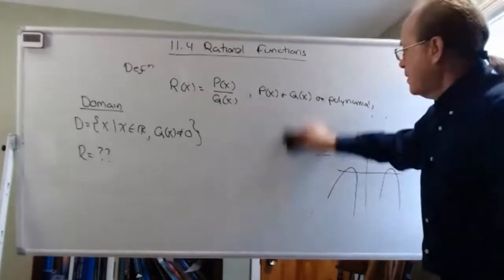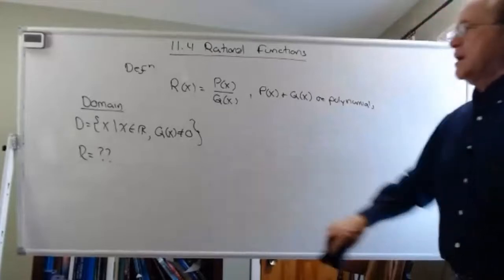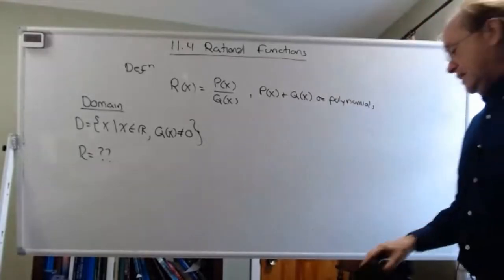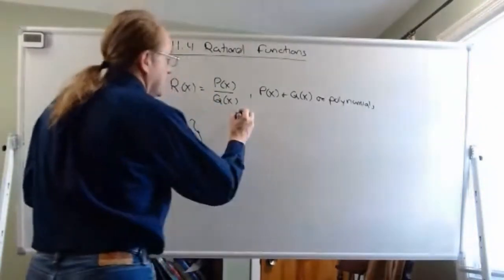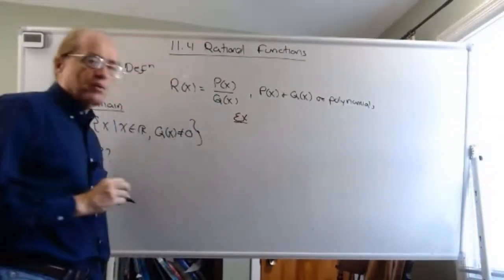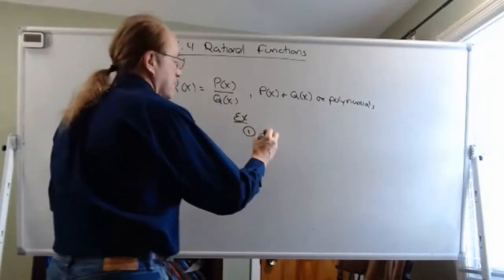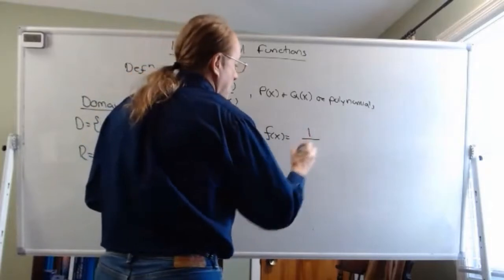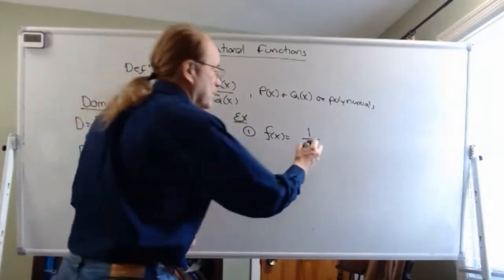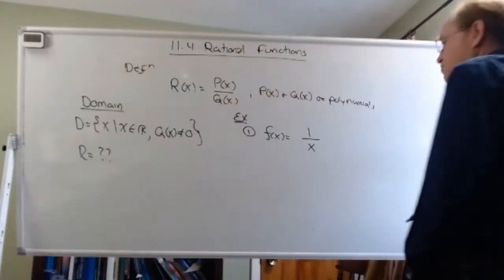Okay, but we do want to address this whole idea of the domain problem. How are we going to do that? Let's take a look at some examples, a simple example. And along the way, we're going to see some interesting things happen. So let's take f of x equal to 1 over x, the most simple rational function I can create.